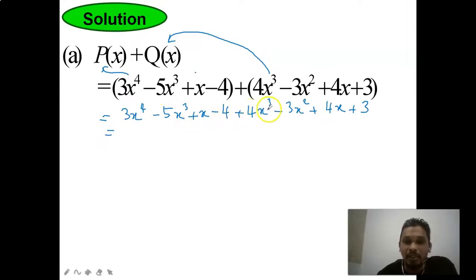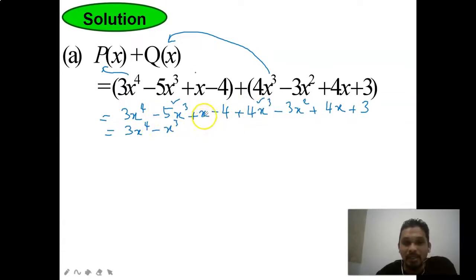From here, we find that there is no other x to the power of 4, so it will be retained as 3x to the power of 4. For negative 5x cubed, we compare with this 4x cubed: negative 5x cubed plus 4x cubed is negative x cubed, since negative 5 plus 4 equals negative 1.